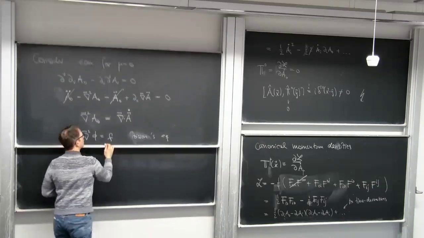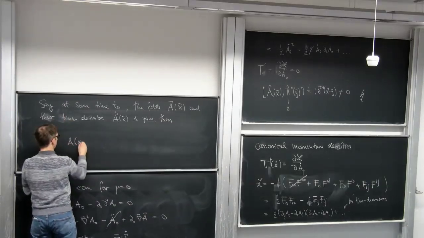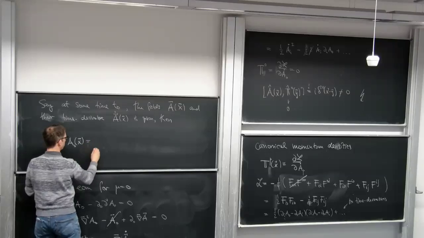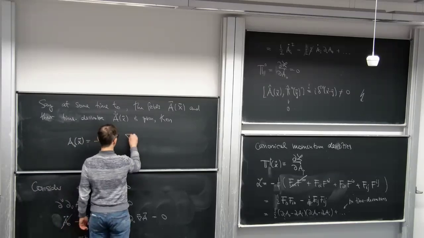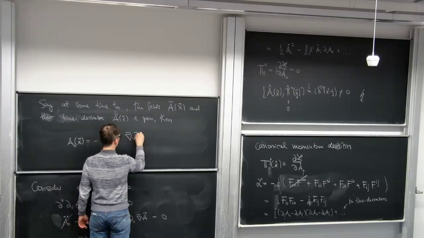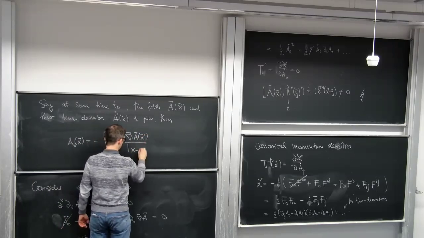Then at this time, I know what A0 of x is. Namely, it's just the right-hand side, the divergence of A dot of x prime over the Green's function.